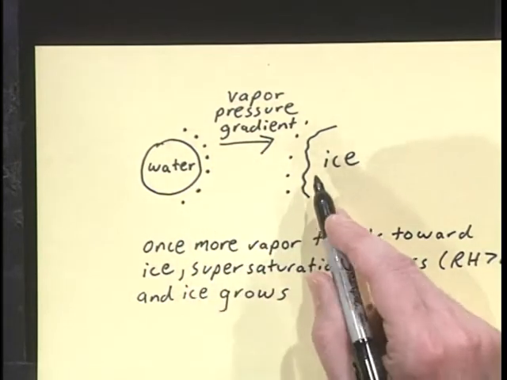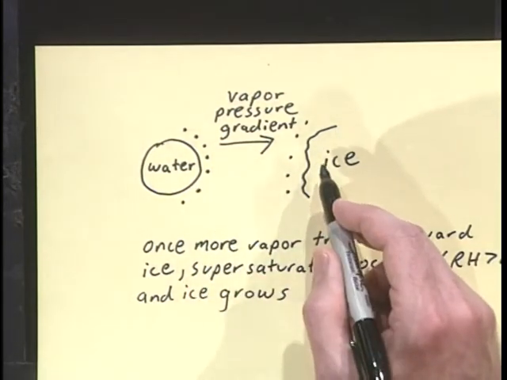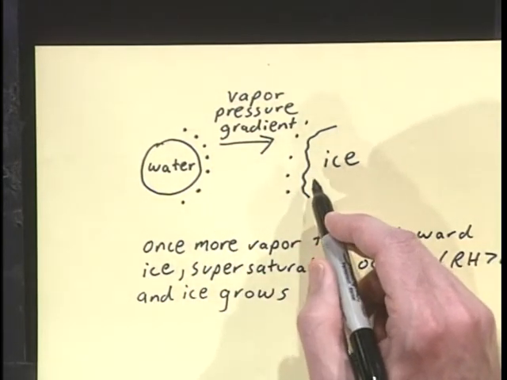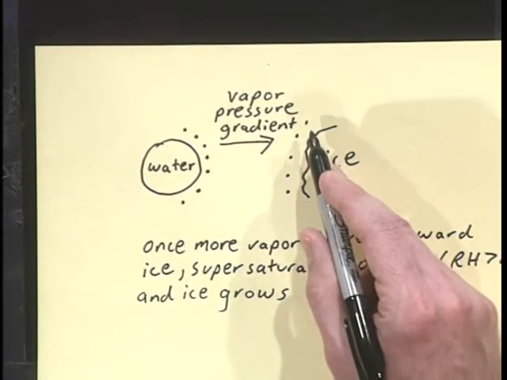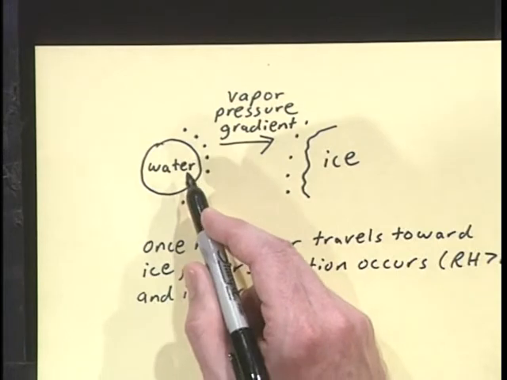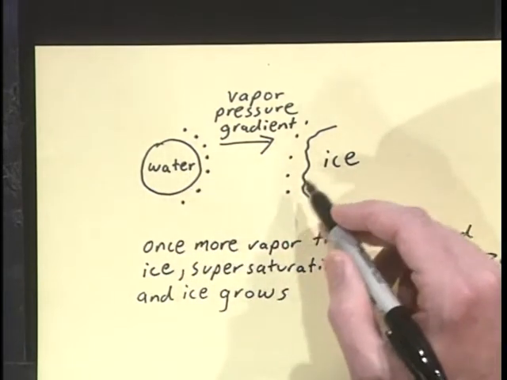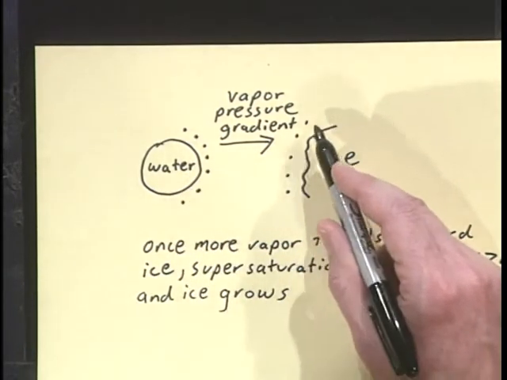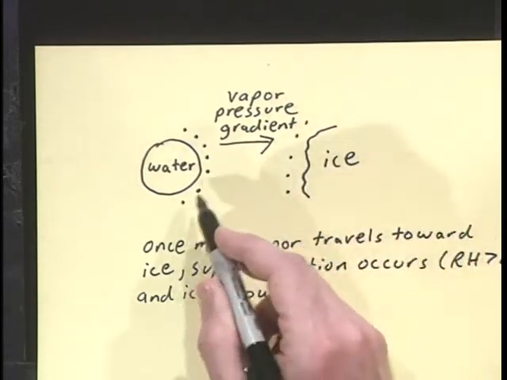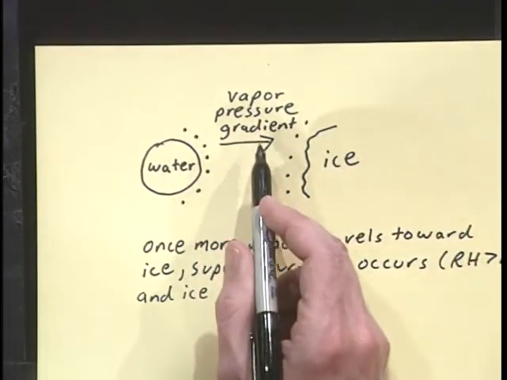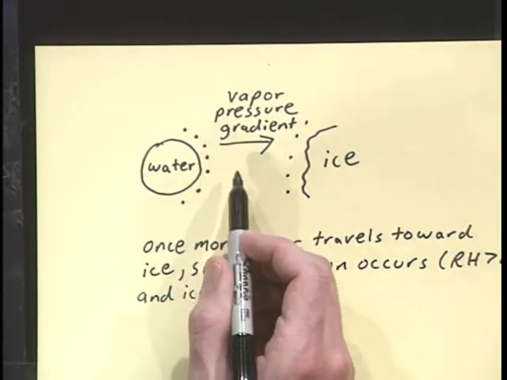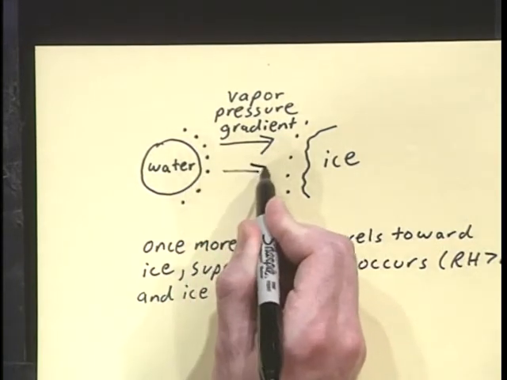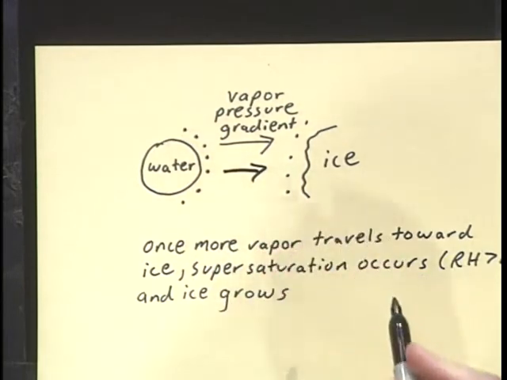It's more difficult for the vapor to discharge from the ice surface. It's more difficult to go from a solid to a gas than it is to go from a liquid to a gas. So the vapor pressure around the ice is less than that over water.